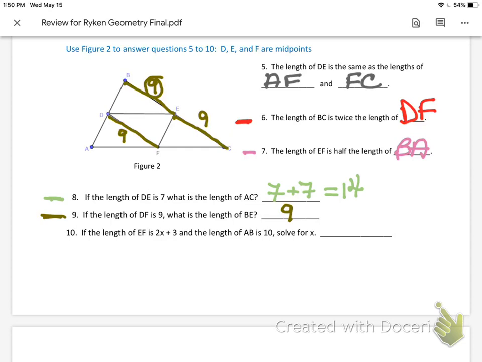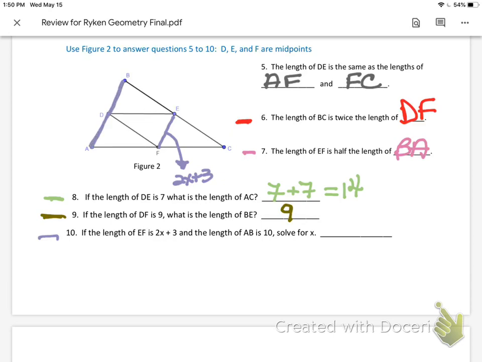And we're going to change to purple, and I'll erase this. Okay, so now at this point, if the length of EF, so where's EF? Right here. Here's EF. If that length is 2x plus 3, so right here, that is 2x plus 3. Then, and the length of AB, so what's AB?